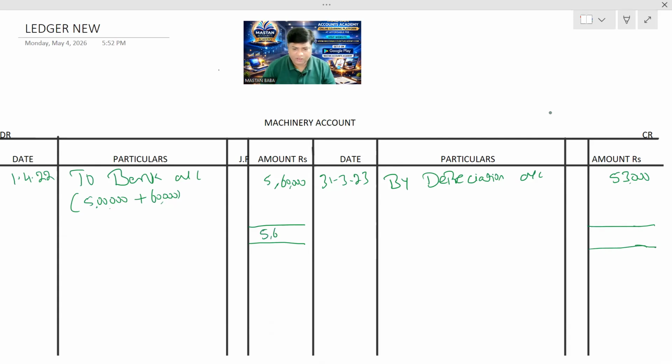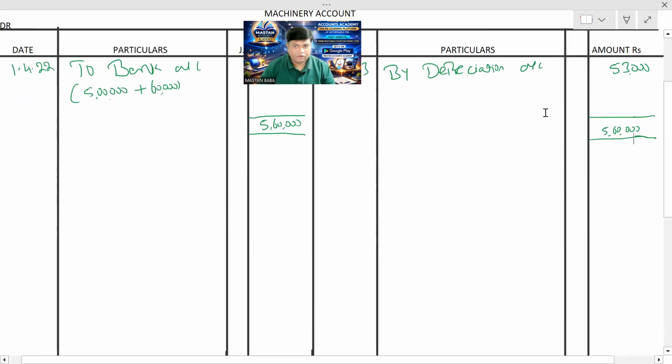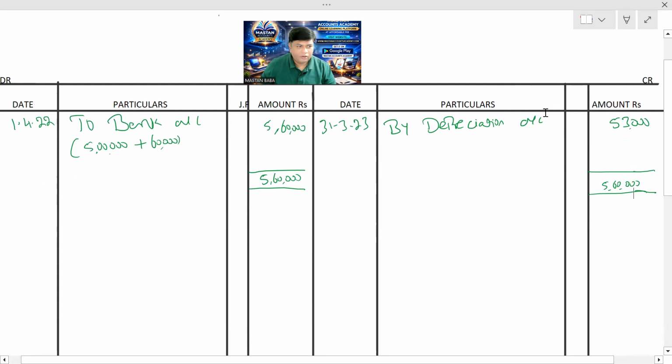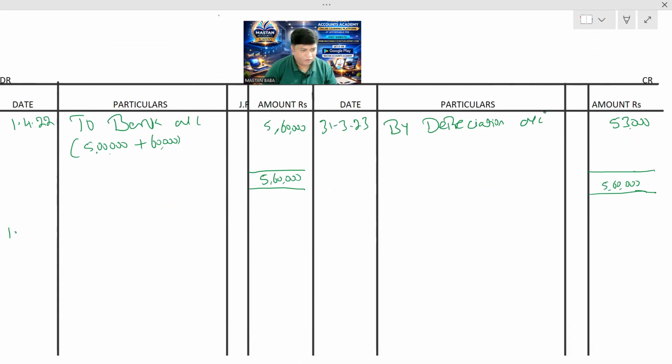So 5,60,000, and 1st April 23, to balance brought down.